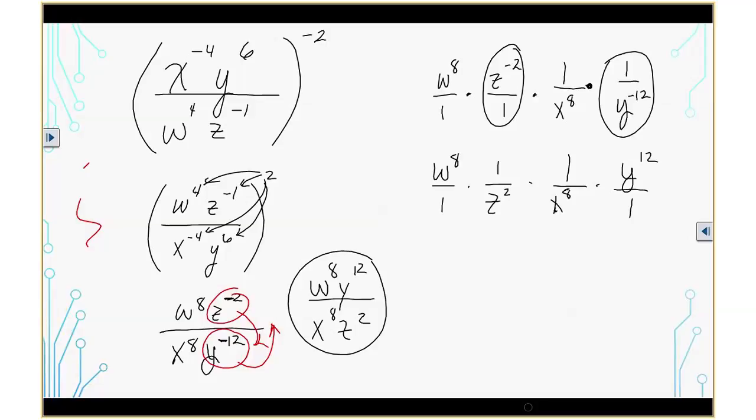So what's another way to do it? What if I didn't want to flip everything? Or I could make everything negative, so when I distribute that negative 2, it makes everything what? You can do that. I'll bring this one down, and I'll bring this one up. And that'll give me x to the negative 4, y to the, I'm sorry, not y, z.